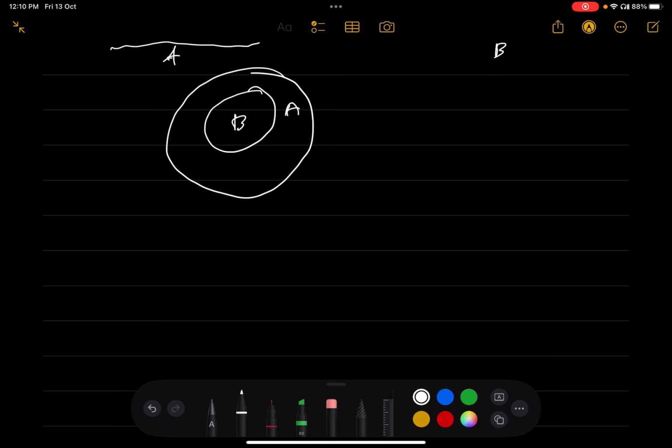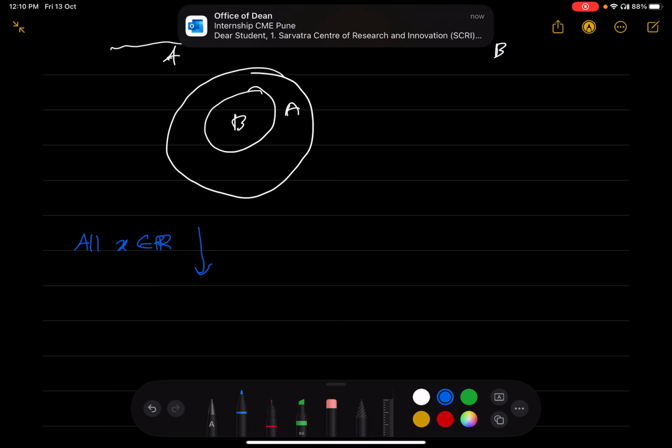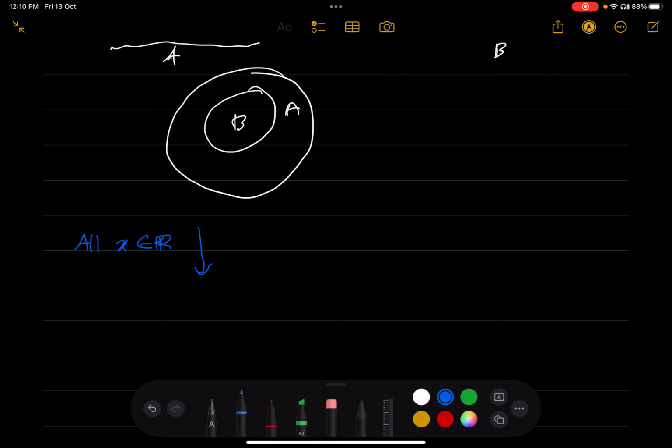So what has happened here? We had a set of all x's, x belongs to R. From there, we have scaled it down to the set of all x's such that f dash of x is equal to 0. But the issue here is it has minimizers, maximizers, and other points.